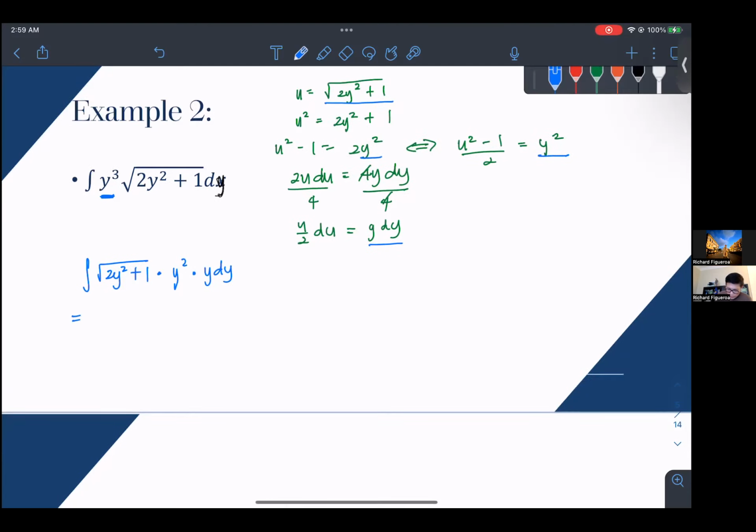Therefore, this will be the same as the square root of 2y squared plus 1, that is u, and then y squared, that is u squared minus 1 all over 2. Now multiply that by the y dy, which is u all over 2 du.